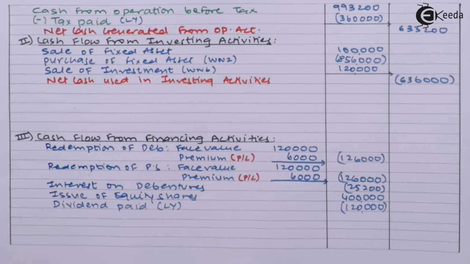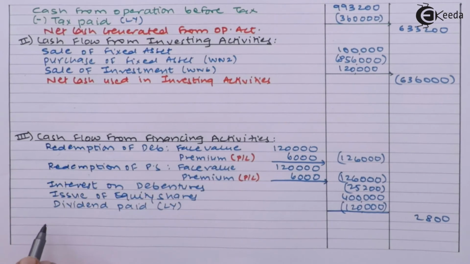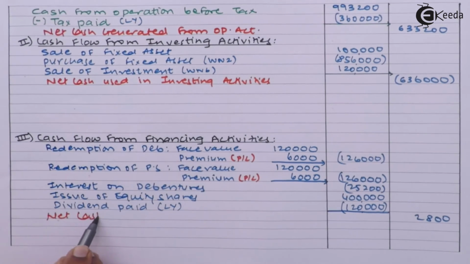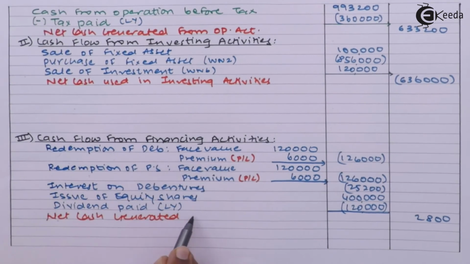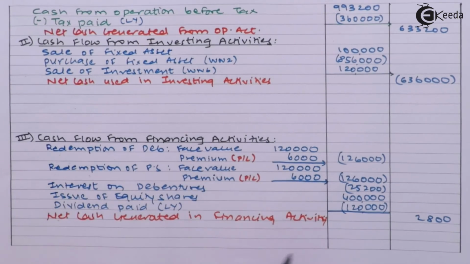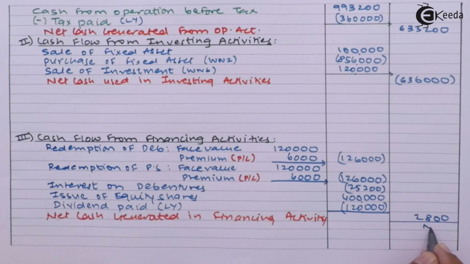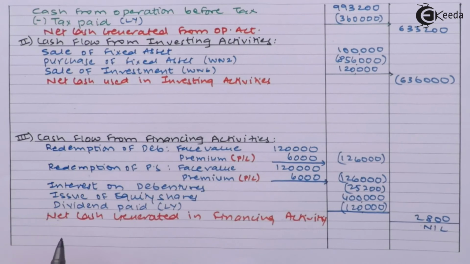The last activity is your financing activity. This figure is positive, so I can say net cash generated in financing activity. I have to take a total of all these three items. The answer is nil. So I can say there is no change in cash and cash equivalent.